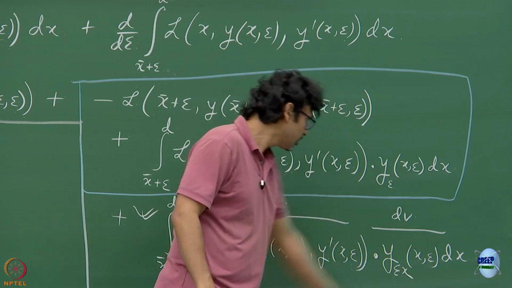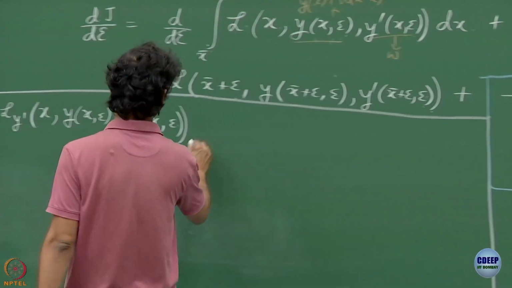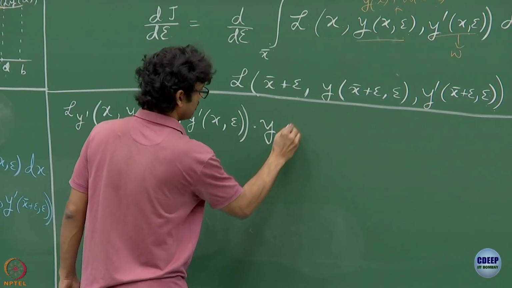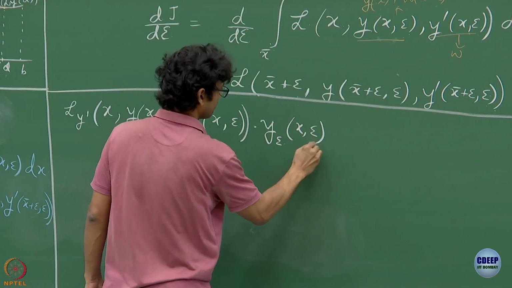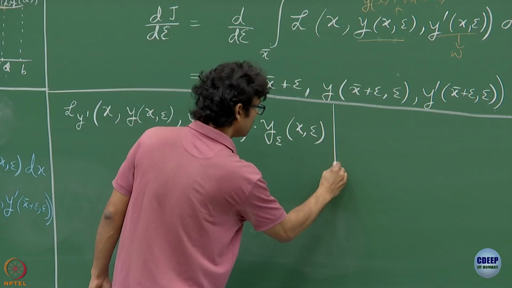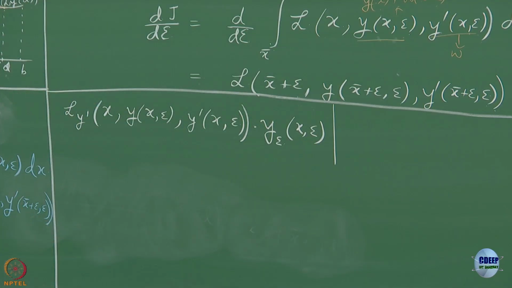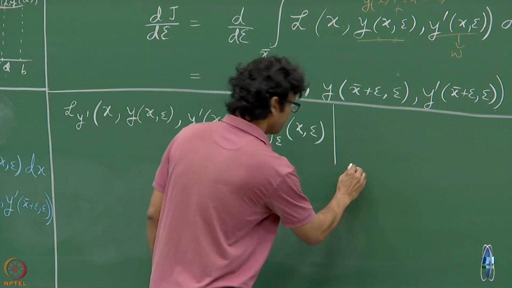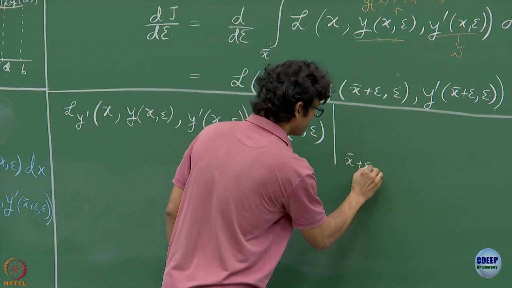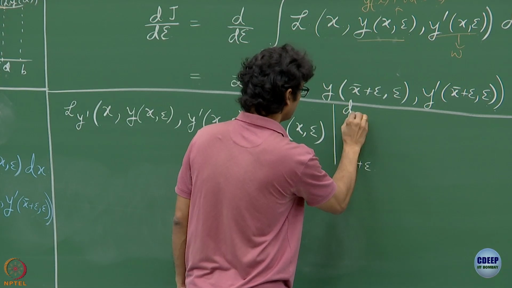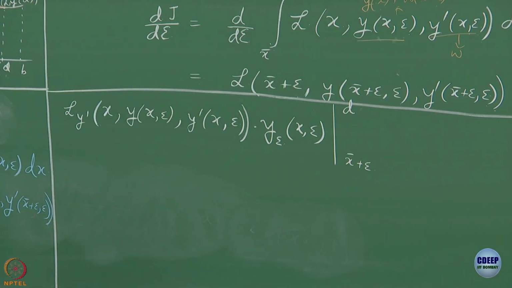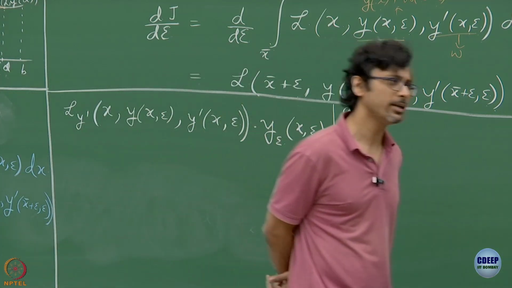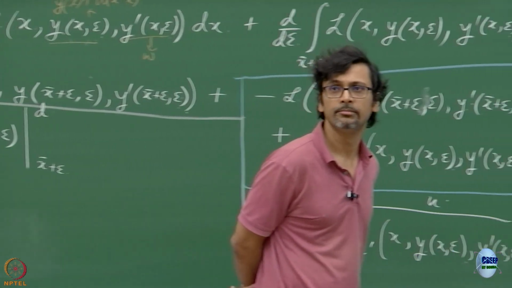So y epsilon x comma epsilon. But you'll need to set those limits, right? The limits of the integration. x bar plus epsilon to d. Okay? The first term, so u dv integration is uv minus integration v du.